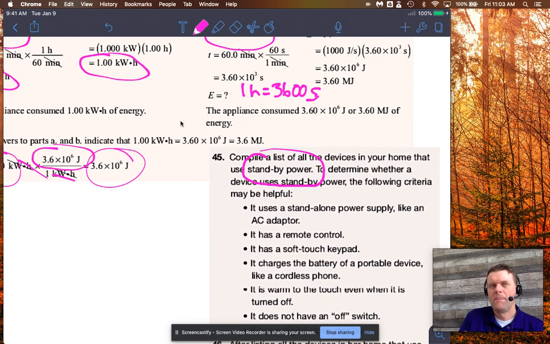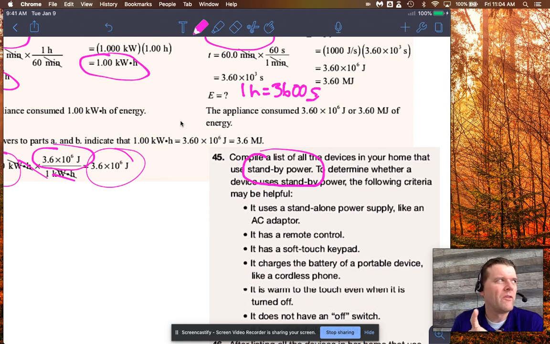It's just so that it can boot up quicker when you need it, so you don't have to wait a bit longer, or it's just power that's needed to show digital displays when it's not even being used, so you can look at it at any time and see the clock or something. So here's some.